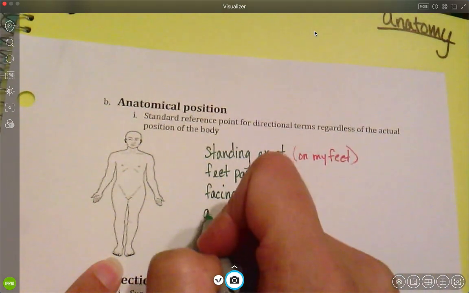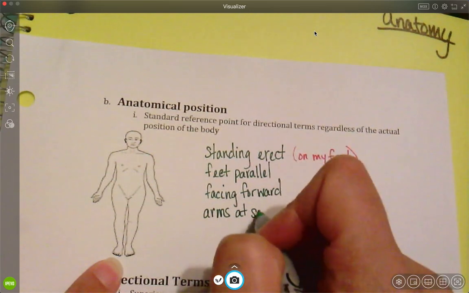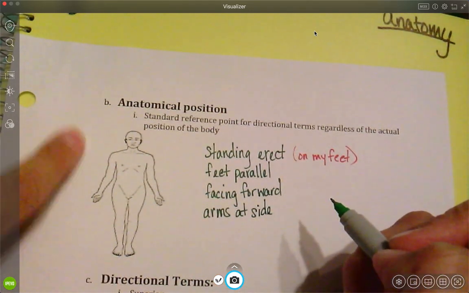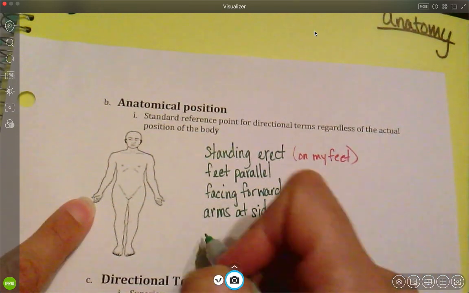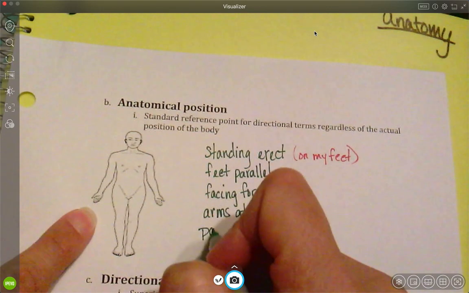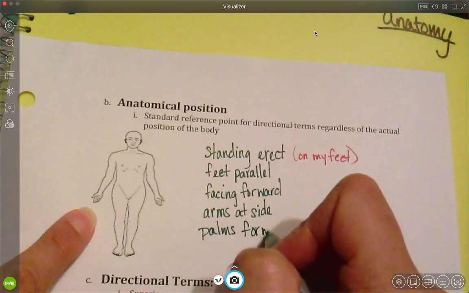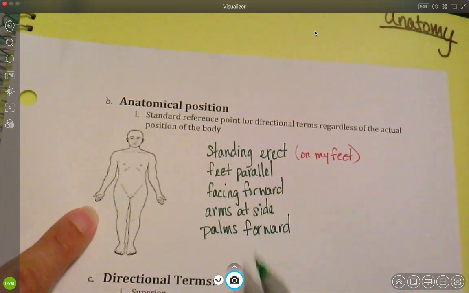Arms at side. Notice his arms aren't up in the air up here. They're down here, and that does make a difference. And then the other one is palms are forward. So you can see the palms of their hands. And so this is my anatomical position.